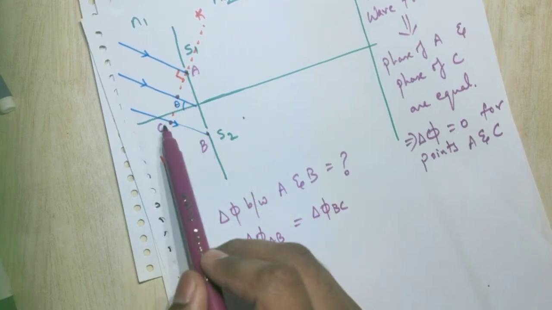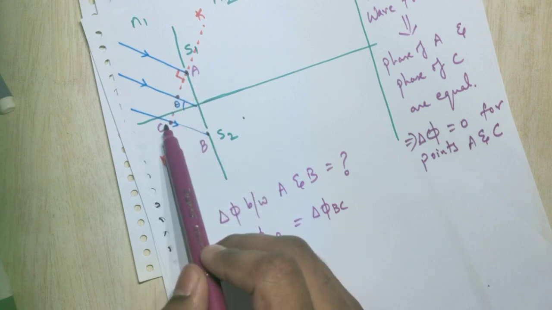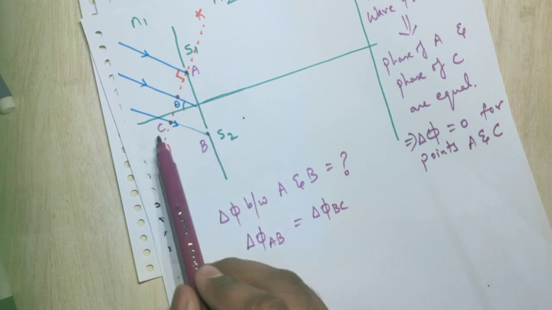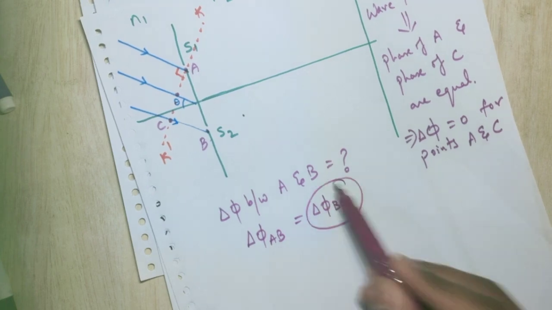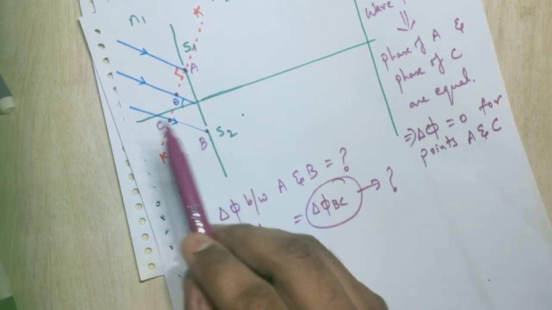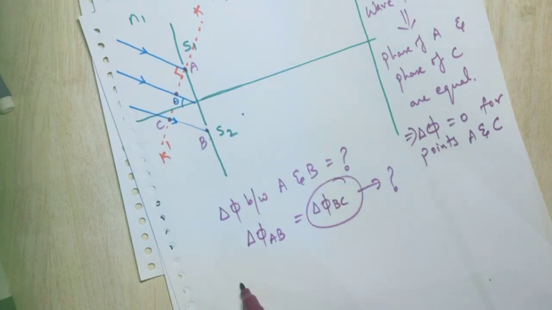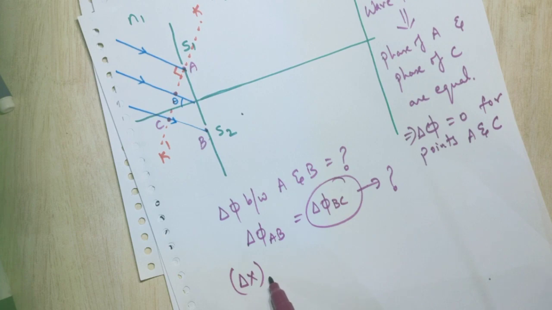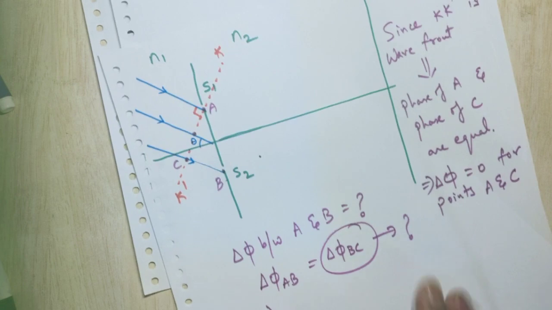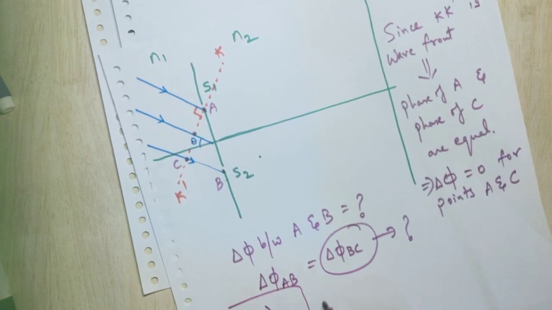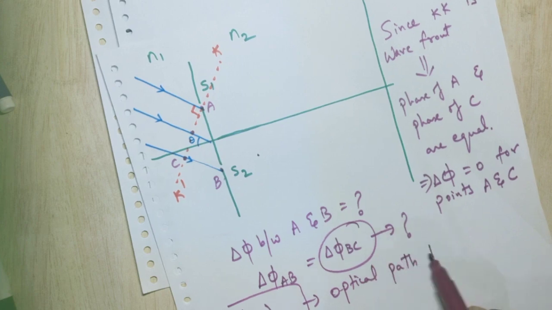Because A and C are oscillating in the same phase, so the phase difference between A and C is 0. Now we have to find out the phase difference between C and B, but we cannot find the phase difference directly. For that we need to know the path difference between B and C. And this path difference is always the optical path difference.